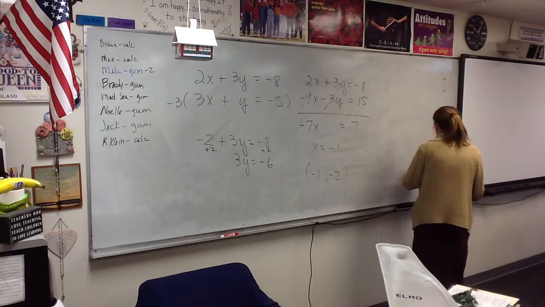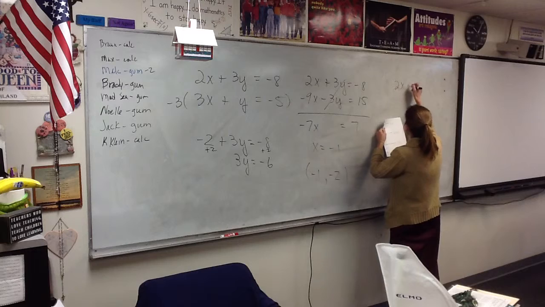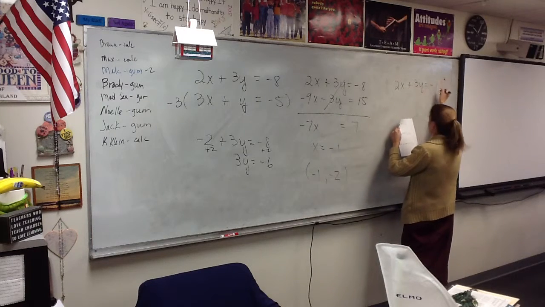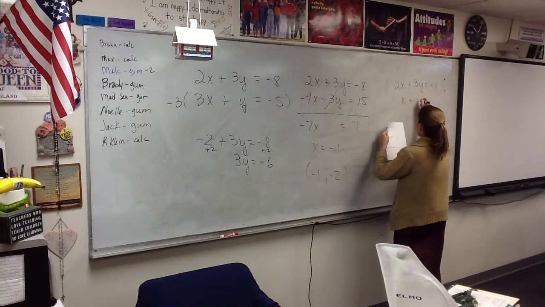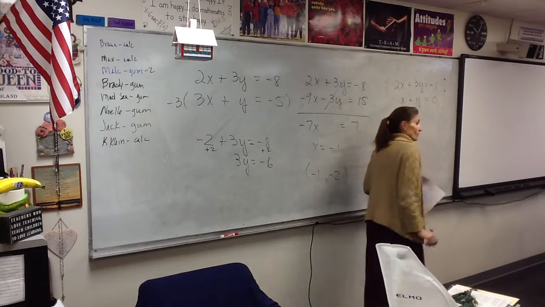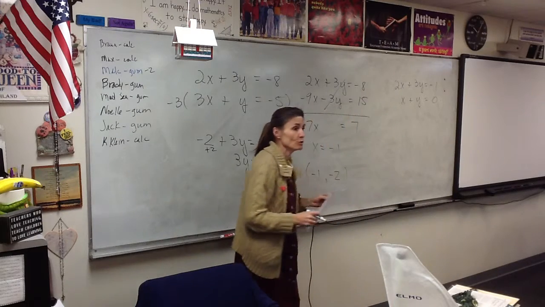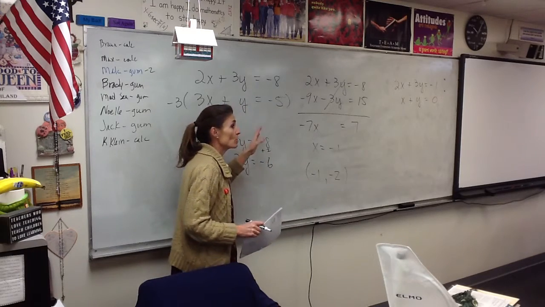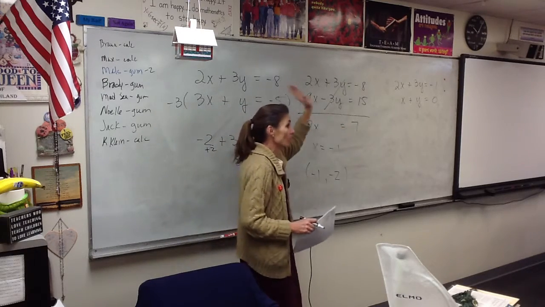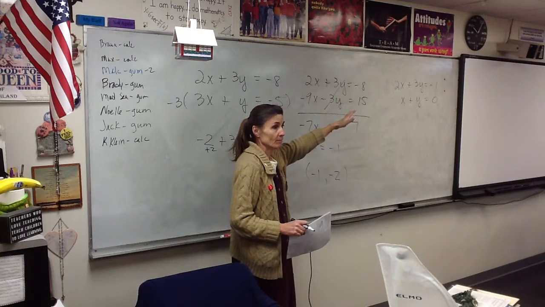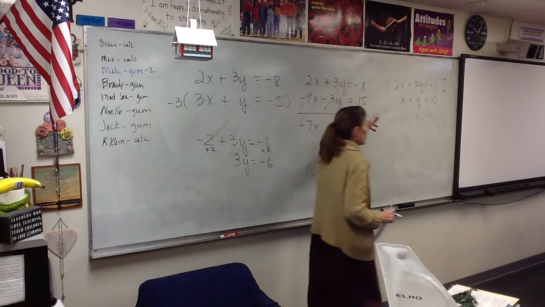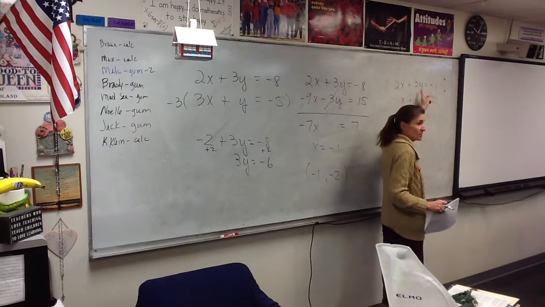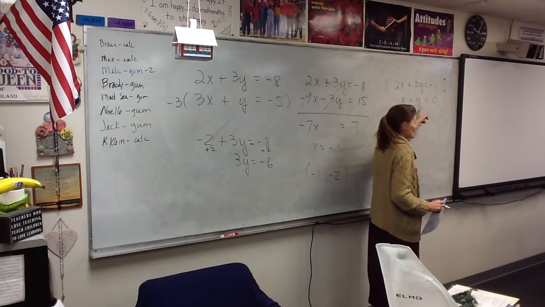So number 1, substitution. What is our objective on this problem? What do we have to do in order to do substitution? We get a letter by itself, and pick one that doesn't have a coefficient. So maybe this x or this y.